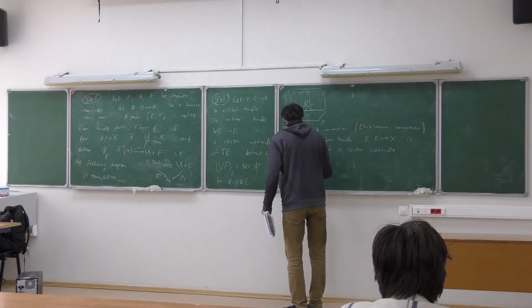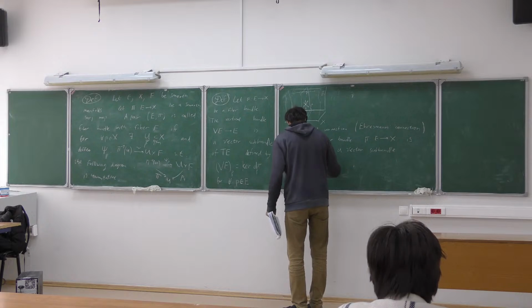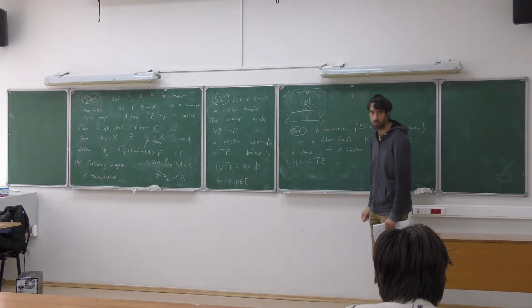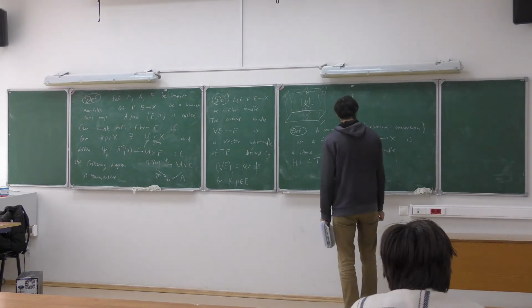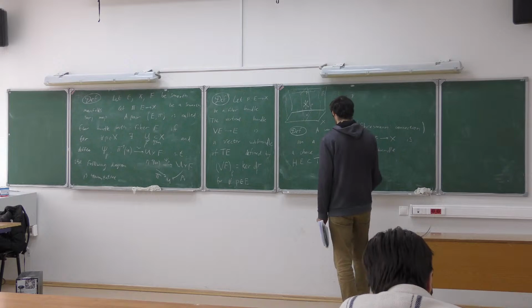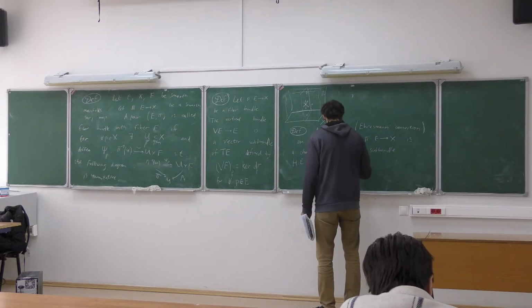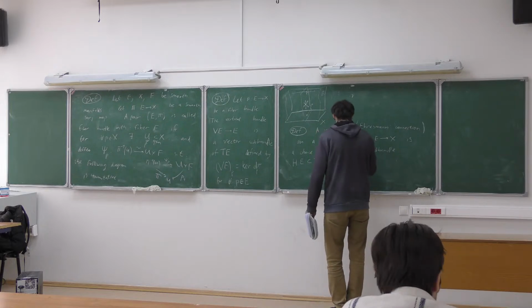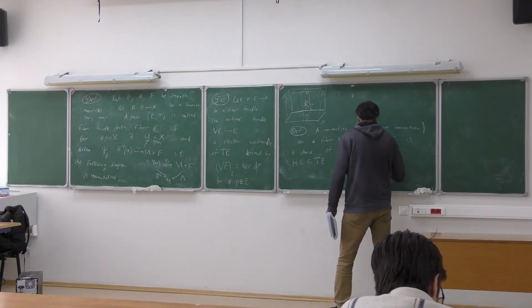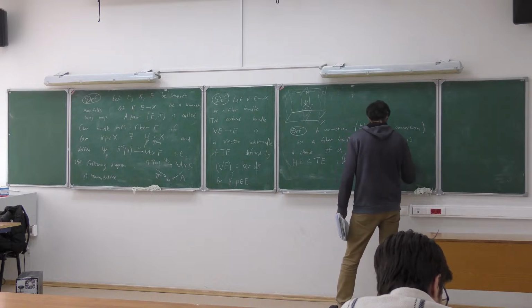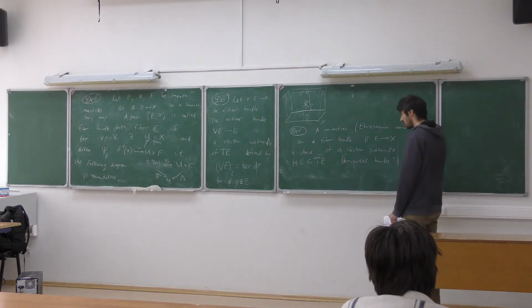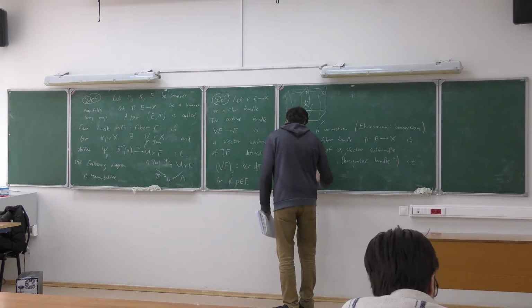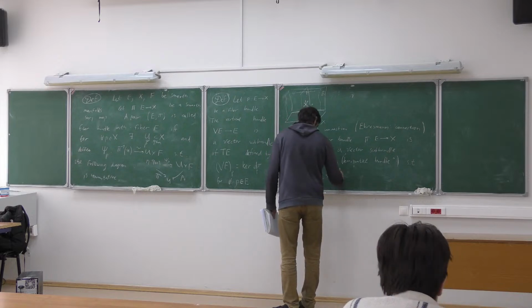This is inside TE, some subbundle of TE. This one is called the horizontal bundle, such that HE plus VE is TE.